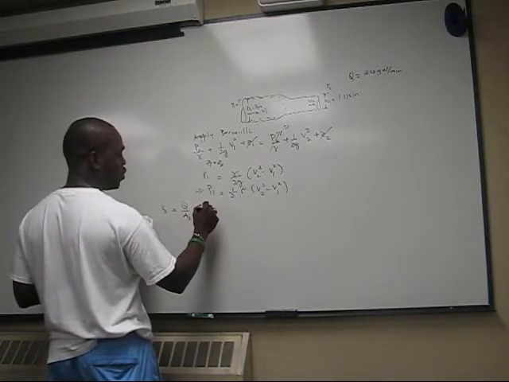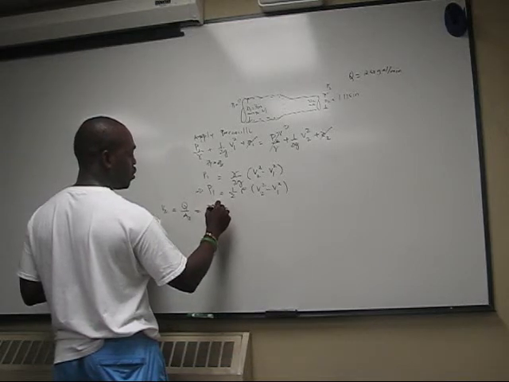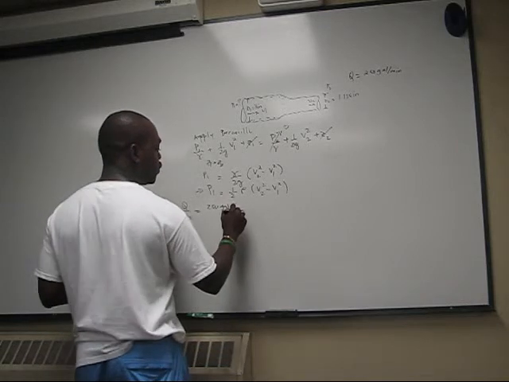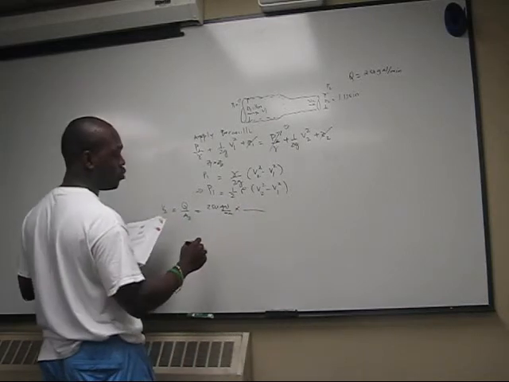So what is Q? We know it: 250 gallons per minute. We're going to convert it into cubic feet per second.